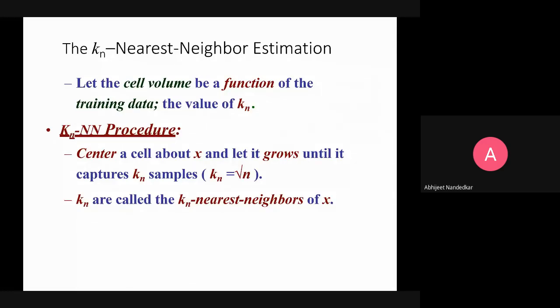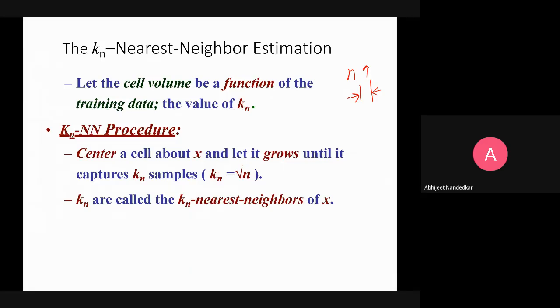As your number of samples grow, we shrink the window size. Now this KNN or K nearest neighbor estimation is called a growing window. So when your number of training samples grow, your window size increases. That is the basic difference.